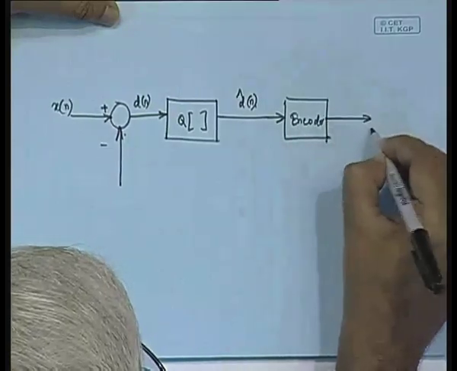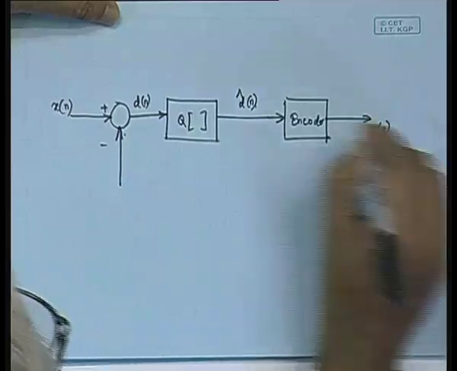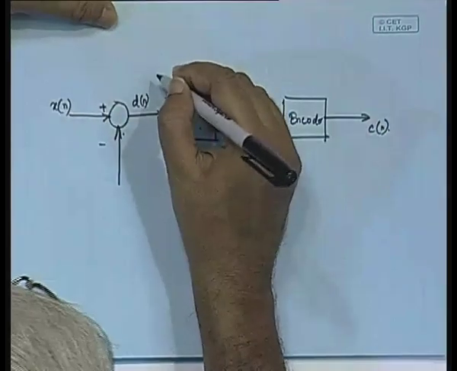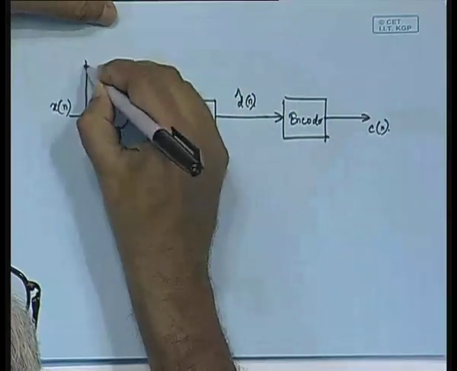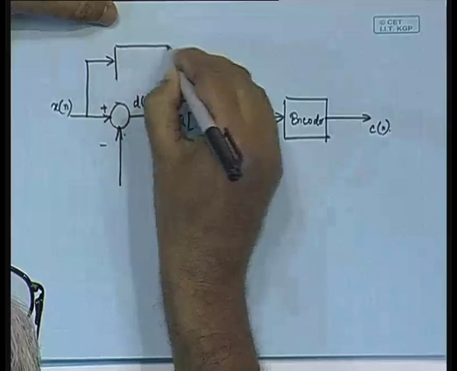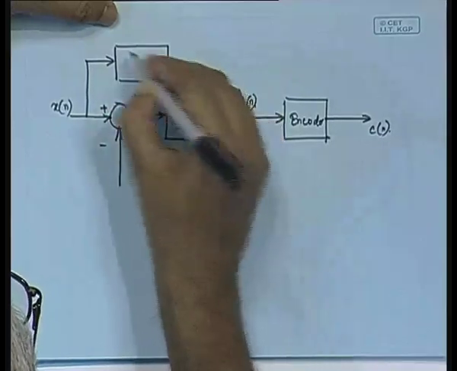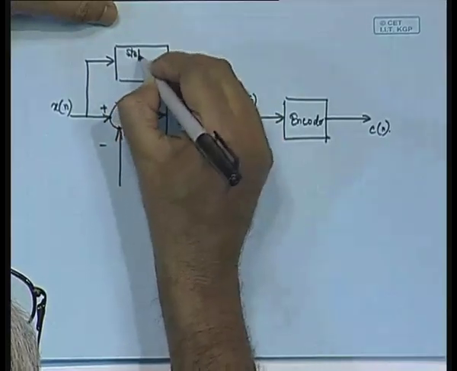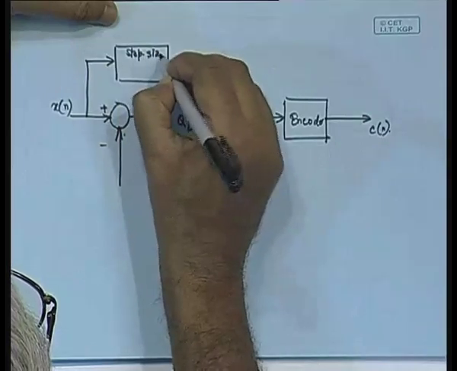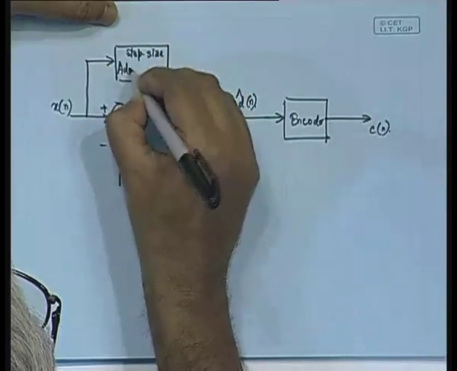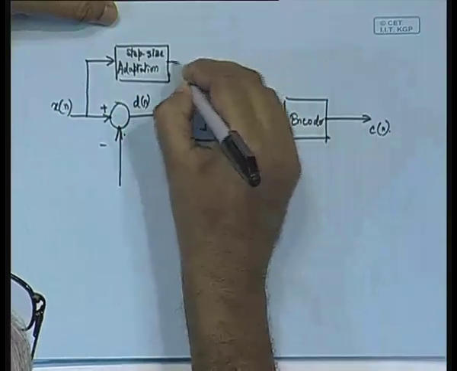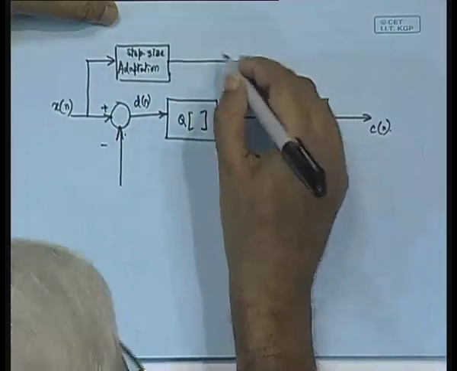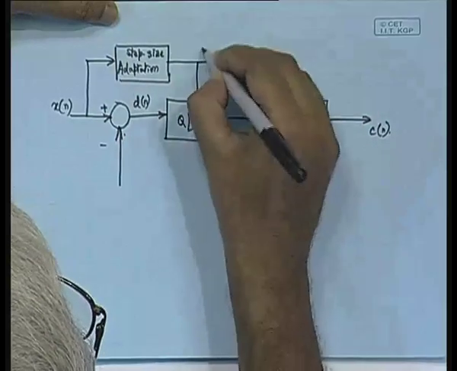and the output here is c of n, whereas for the step size adaptation, using this x n itself we are going to have the step size adaptation control, and this will generate the delta n.